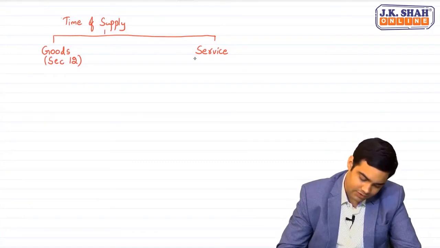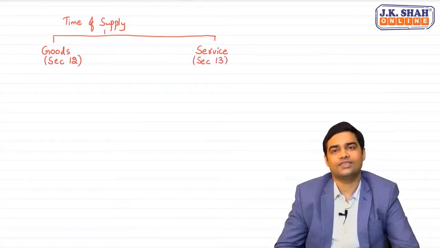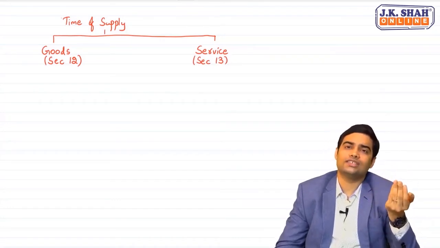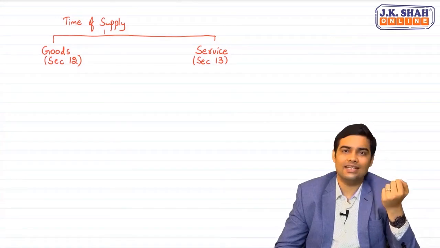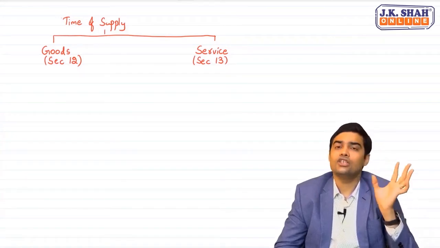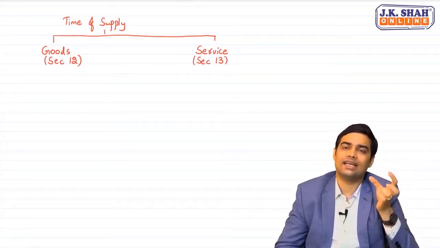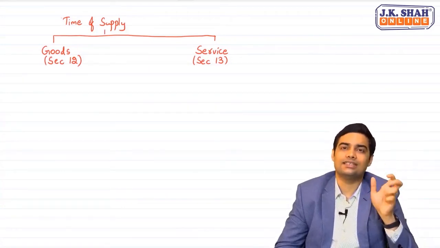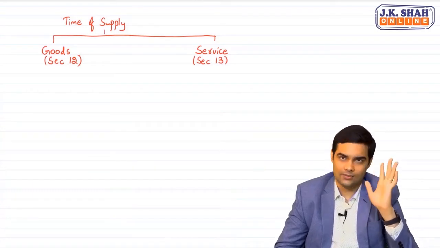Time of supply for services is provided in section 13 of CGST Act. The time limit to issue invoice is provided in section 31 of CGST Act. So whenever it is a case of forward charge, we read section 12 read with 31, section 13 read with 31.